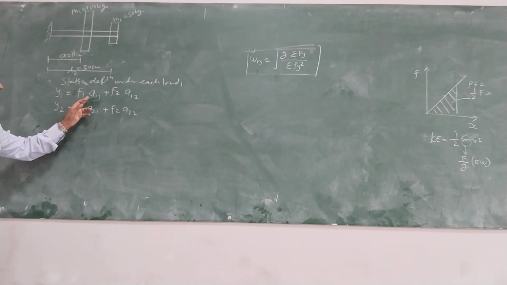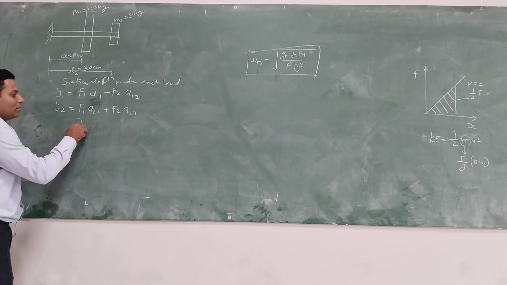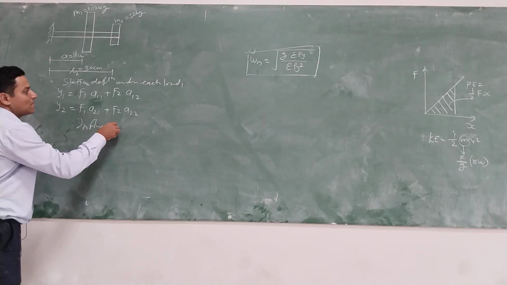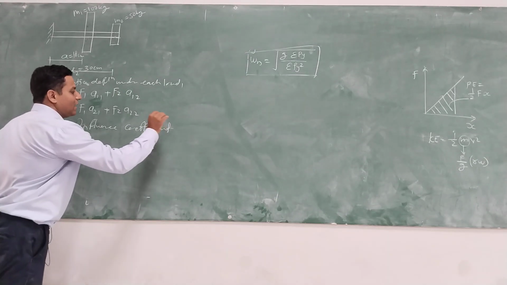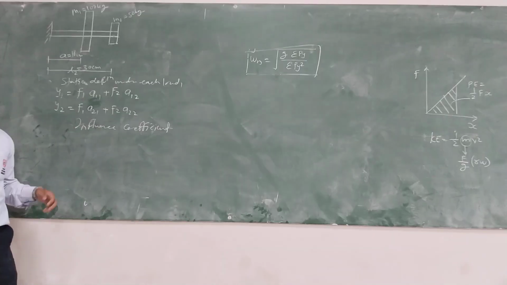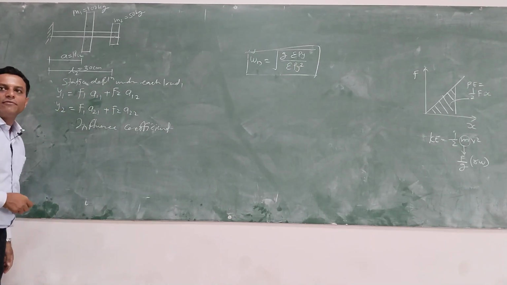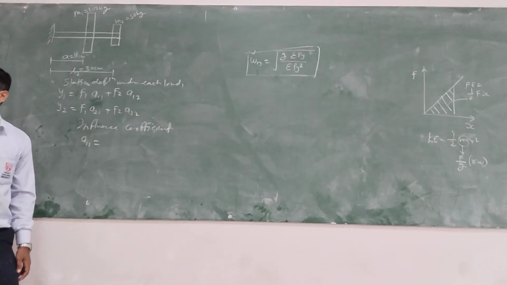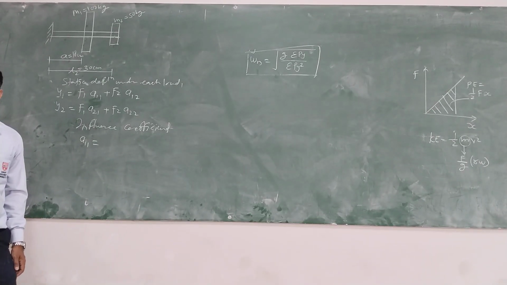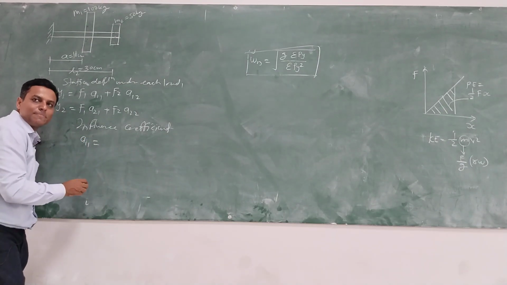So we will determine A11, A12, that is influence coefficient. Already we have solved numerical on this influence coefficient. So first we will determine influence coefficient A11. What will be the formula for A11?